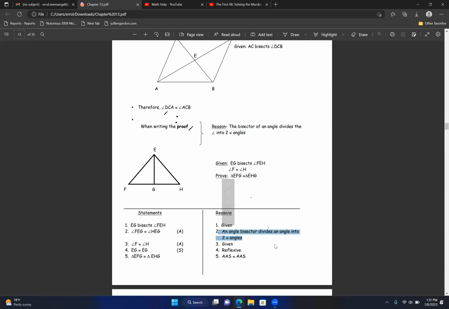That just means the definition of a bisector. And see how they said EG equals EG? Reflexive just means common, that the line is common to both triangles.